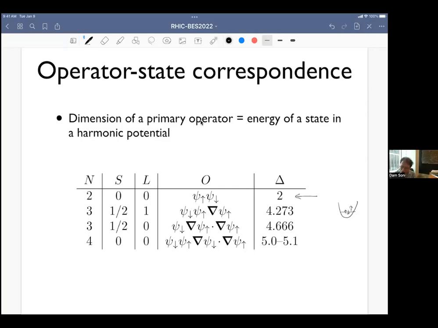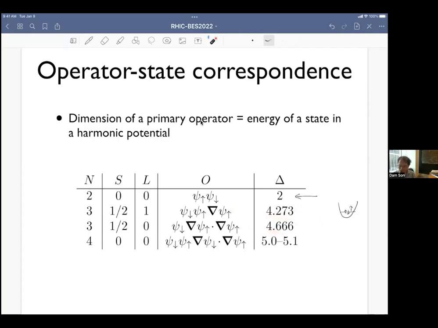And one finds that the dimension of a certain operator in conformal field theory, which in free field theory would have the same quantum numbers, now becomes some irrational number, a solution to certain trigonometric equations. The dimension of the operator is reduced compared to the dimension in free field theory.